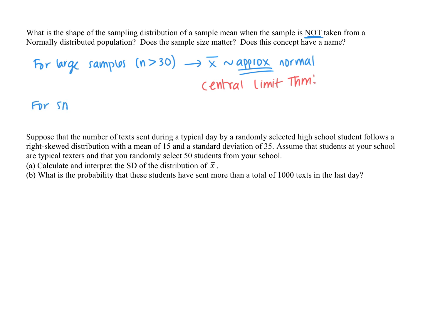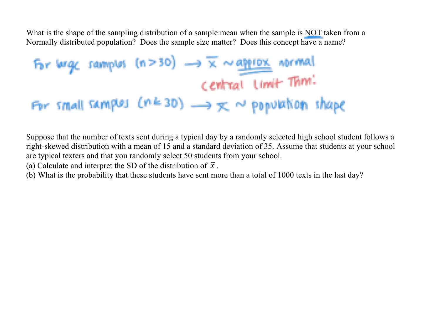For small samples, small being defined as less than or equal to 30, then X bar will follow whatever the population shape is. Mean and standard deviation are unaffected. Standard deviation is always found by standard deviation of the population over root n. Center will always be the same.